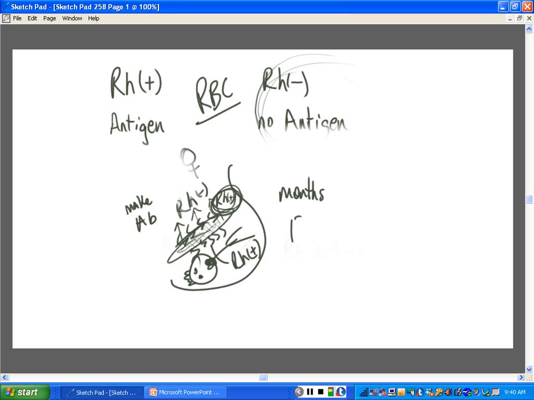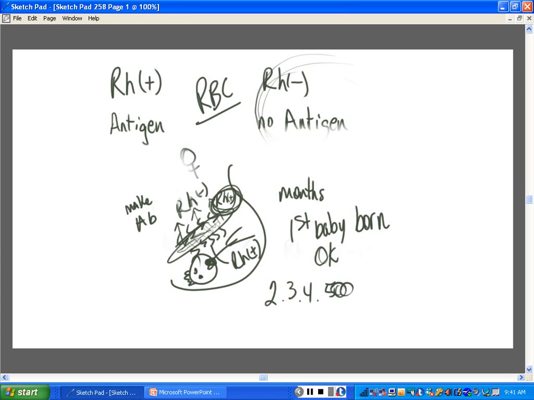So by the time the first baby is born, well, I said it wrong, I guess. The first baby is born before the mom develops the antibodies enough to harm the baby. So the first baby is always okay with this. However, baby number 2, baby number 3, baby number 4, baby number 500.